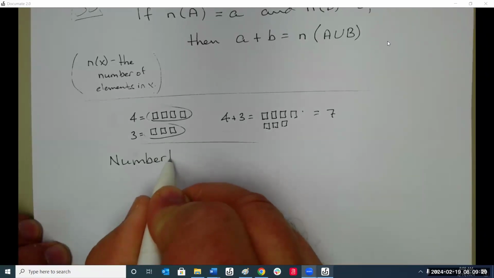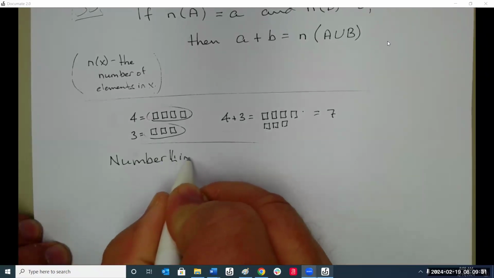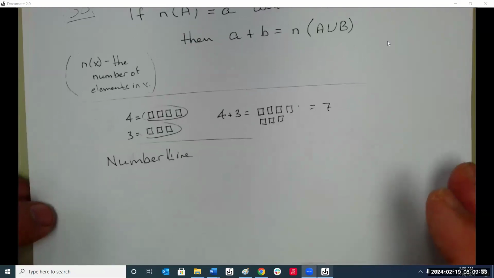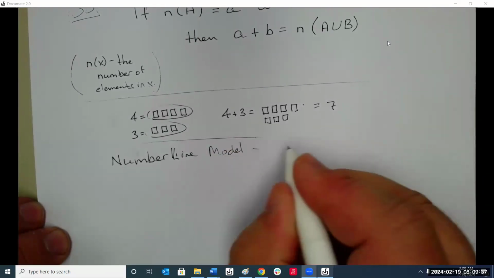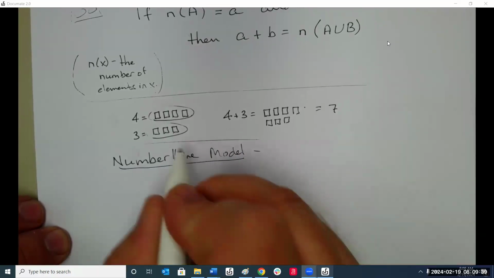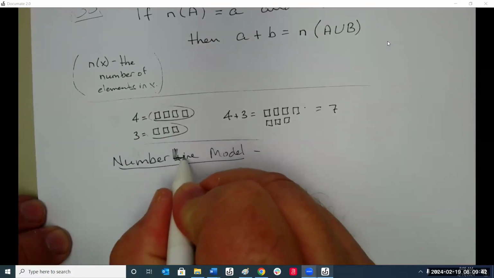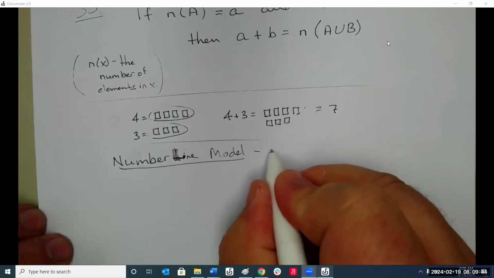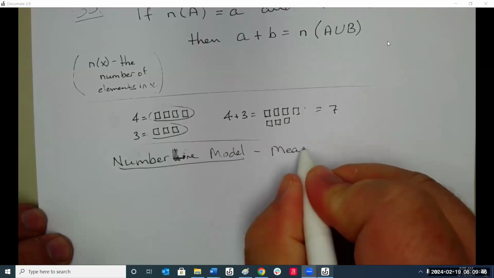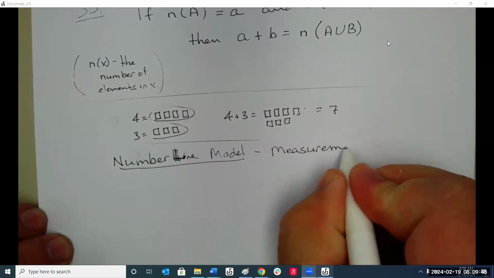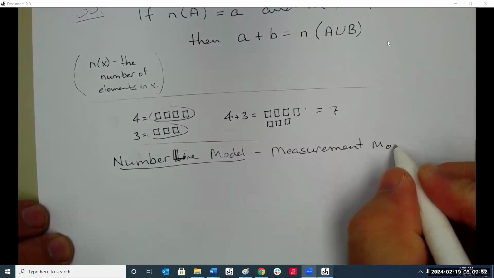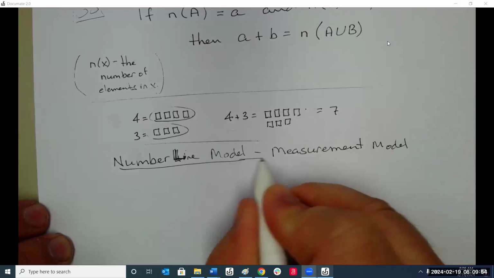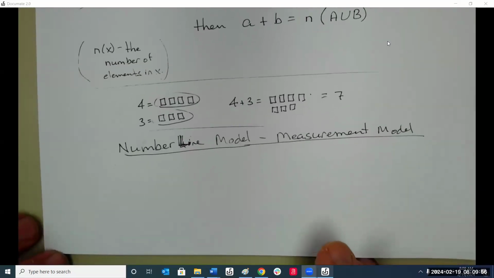Let's look at the number line. Since we're dealing with a number line, these are set locations. I'm sorry about this pen acting up. So it's the measurement model.